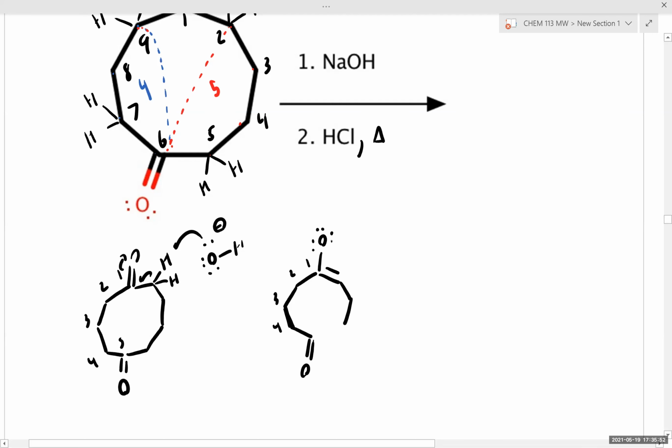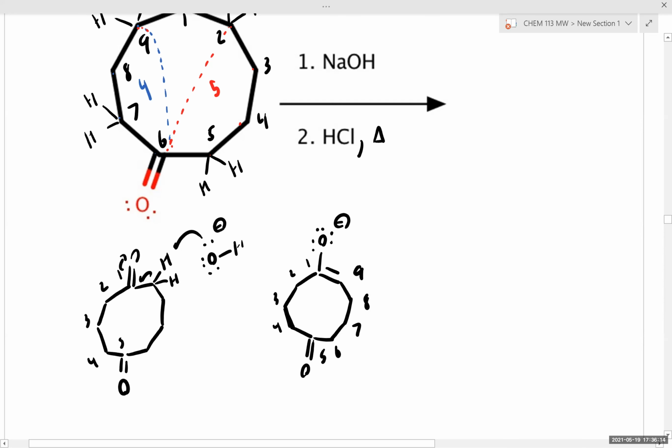Now that we have our nucleophilic enolate, what's going to happen with it? Do we have an electrophilic atom present?